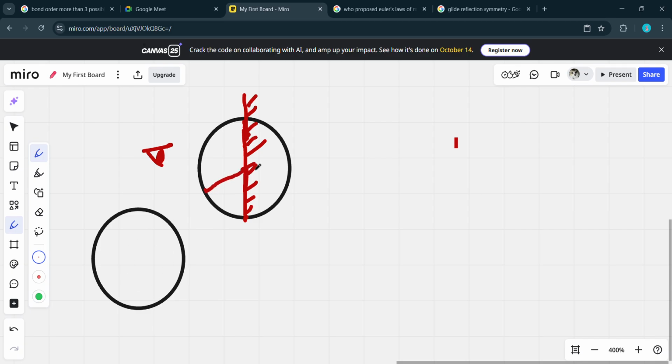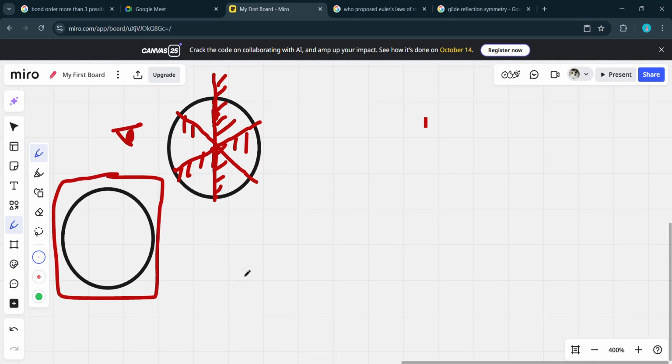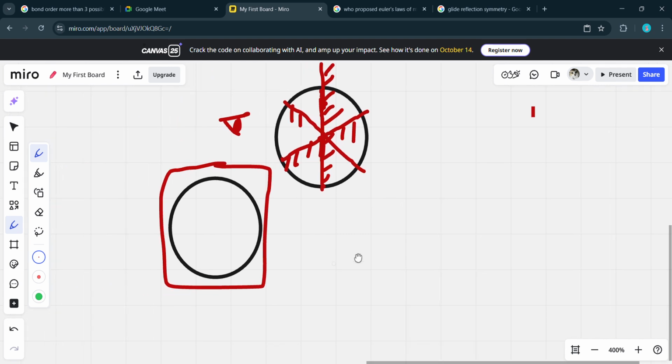You can place a mirror here and see it from here. Again, you can place a mirror here and see it from here, so you will get back this. And why infinity? Because through a point, an infinite number of lines can pass, so that's why it's infinity.